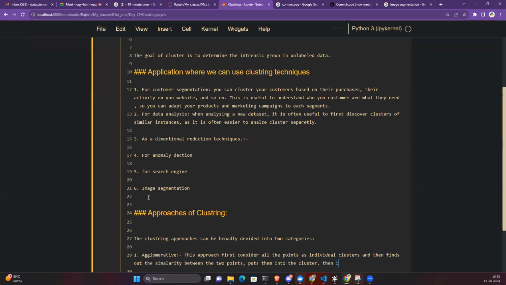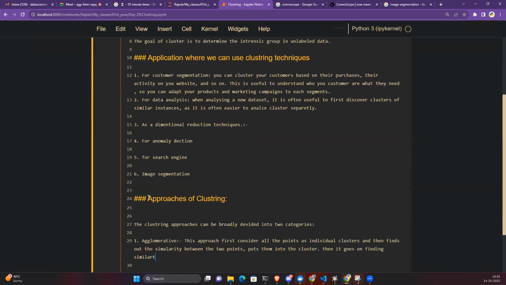Then it goes on finding similar points, similar points to each other, and clustering them until there is only one cluster left.